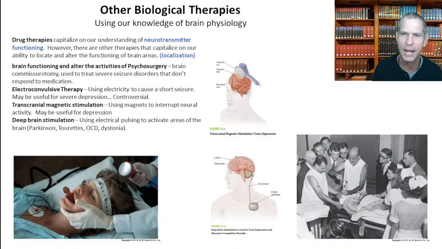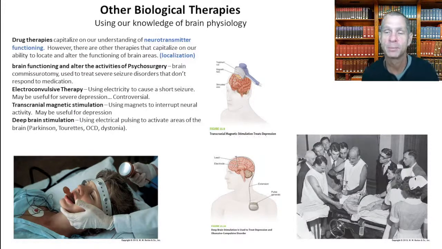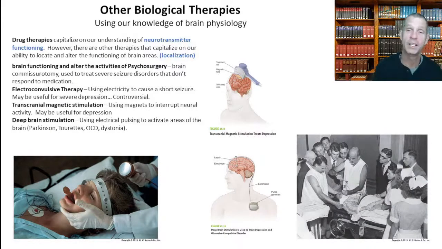Now, back in the old days, they would cut the whole corpus callosum in half, and that would have some severe side effects. Now they've found that you can leave part of the corpus callosum together, and you don't get the side effects, but you still get the relief from the seizures.